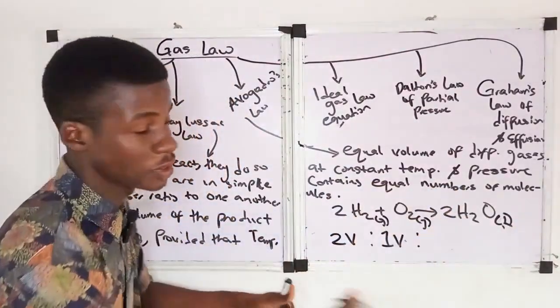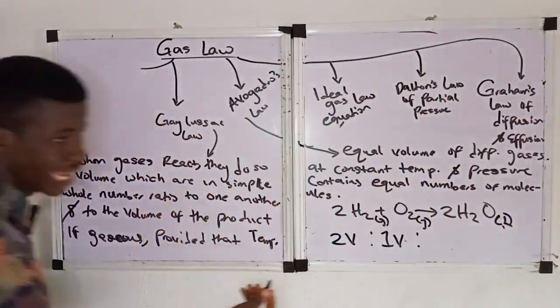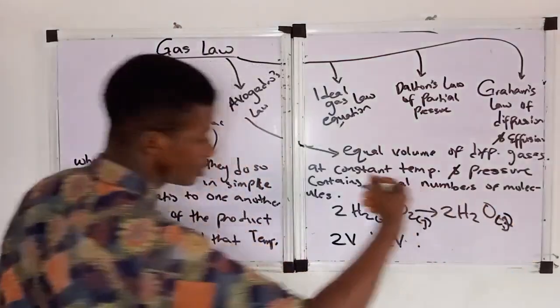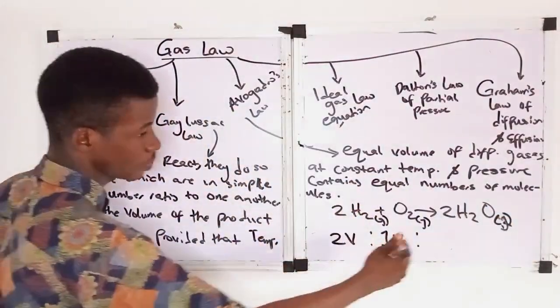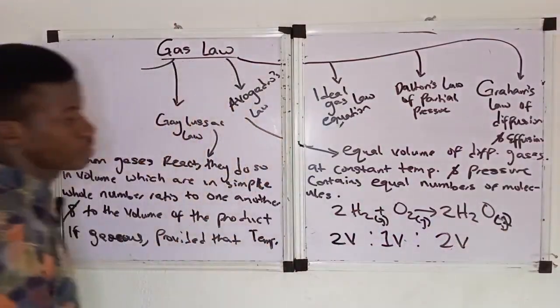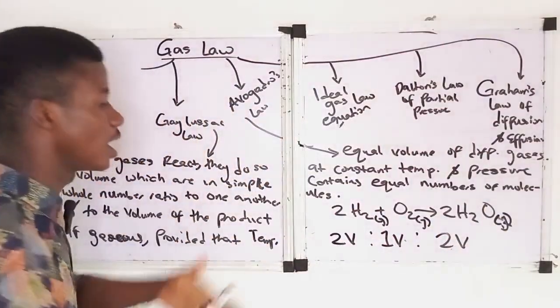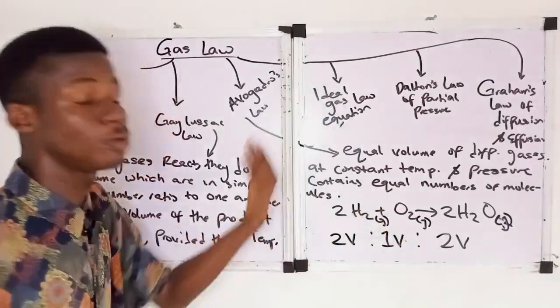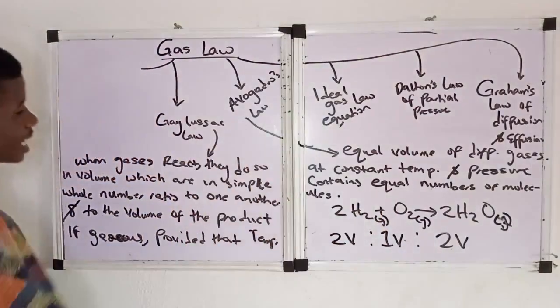But if the product is a gas, the volumes of the reactants will also be in ratio with the volume of the product. So that is what the law is telling us: when gases react, they do so in volumes that are in simple number ratio.